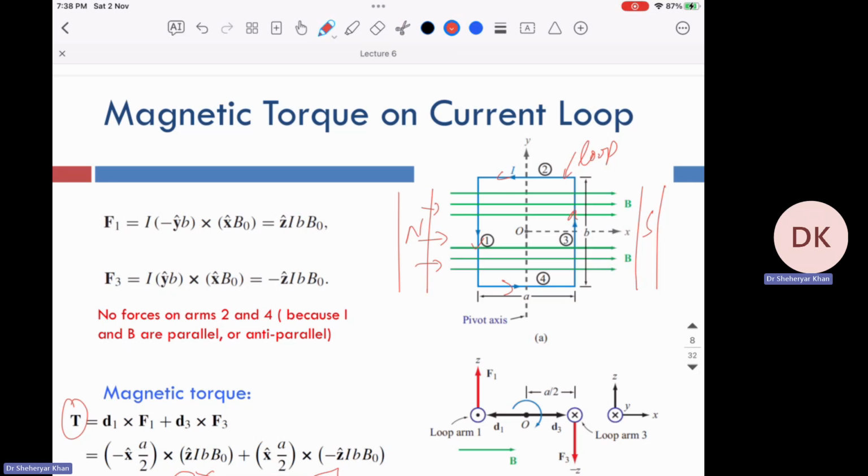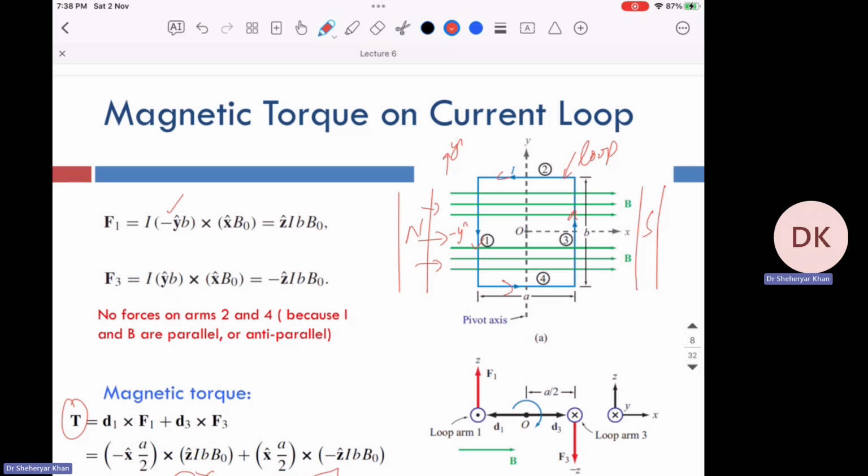If you consider F1, which is actually on this path, the current is moving down, I, and the length vector is along minus y axis, because this is your y, and this is your minus y. The length is minus y, correct? And the value of length is b because the width is b.